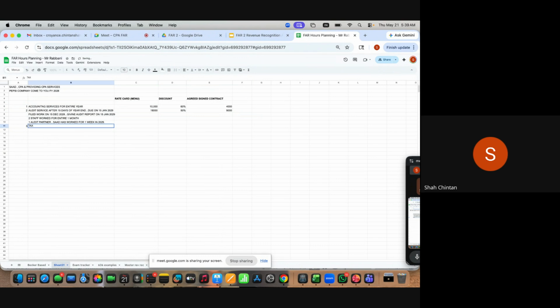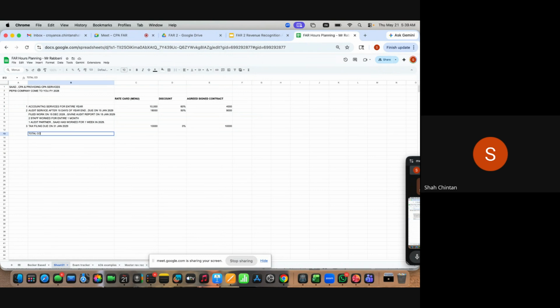The third one was tax filing, let's say due on 31st of January 2029. Your rate was, let's say, $10,000. You did not give any discount, and your pricing was $10,000. And okay, let's keep these services.